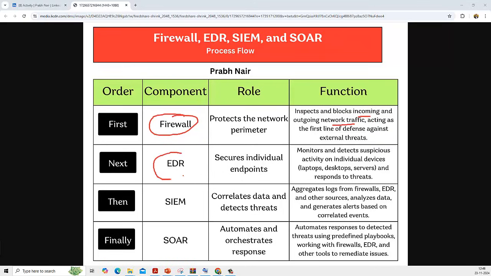Then we have an EDR on every system, which secures the individual endpoint and monitors and detects suspicious activity. Then we have a SIEM, which correlates data and detects the threats. It aggregates the logs from firewalls and EDR, and then gives information to SOAR. SOAR, based on that, takes automatic decisions. So that's how things work in the organization.